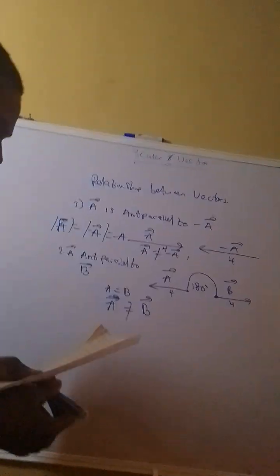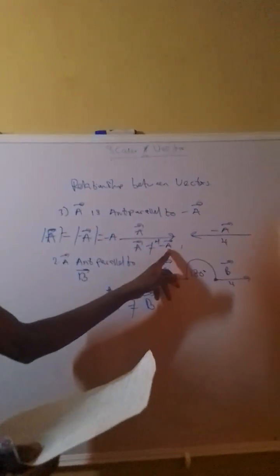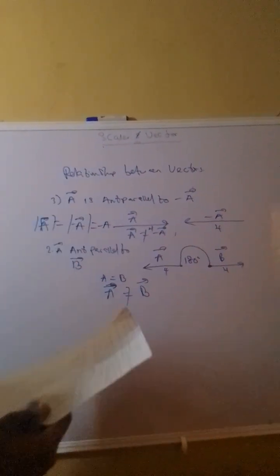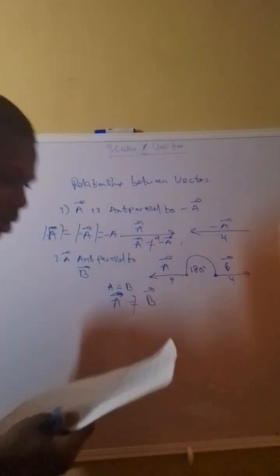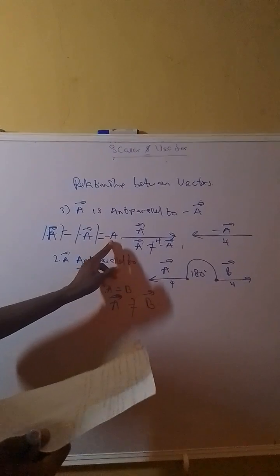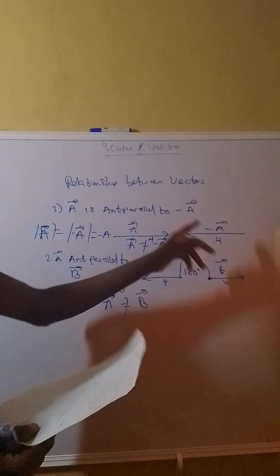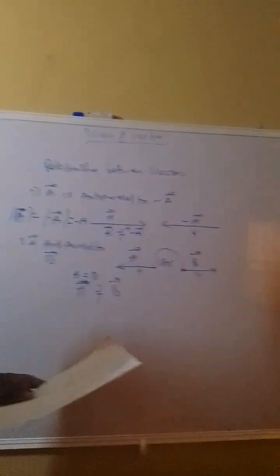With the vector, A cannot be equal to negative A. Listen, that is the first thing I want you to understand. Their magnitudes can be equal, yes, but what we are talking about is more of the direction, which you need to understand. And that is the third one. The fourth one now.